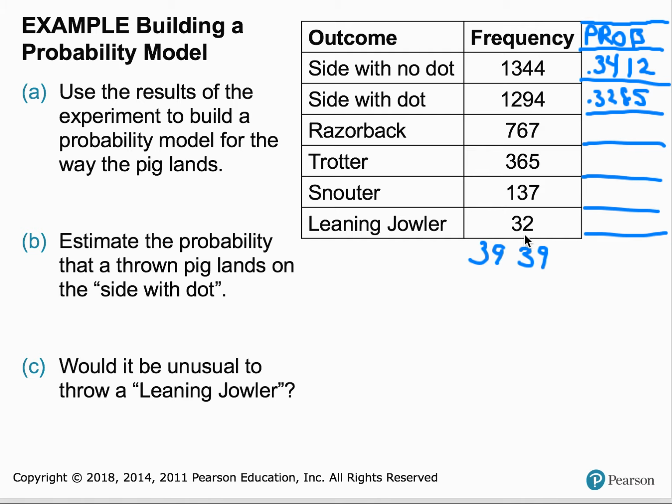767 divided by 3939, 0.1947. 365 divided by 3939, 0.0927. 137 divided by 3939, 0.0348.